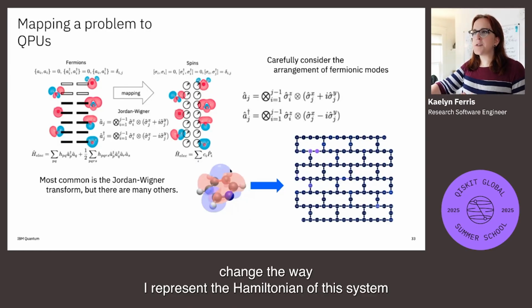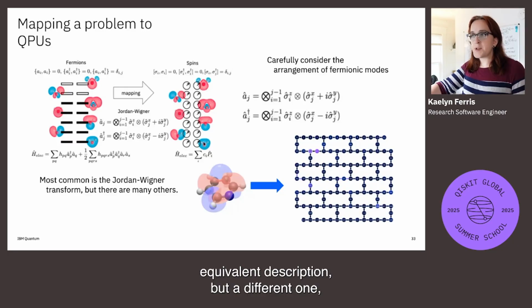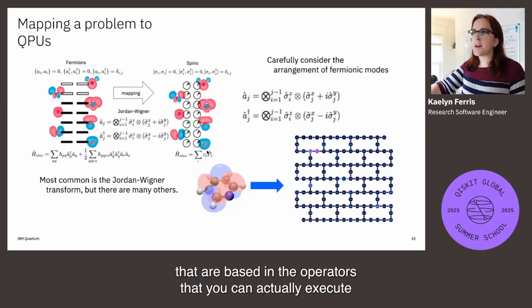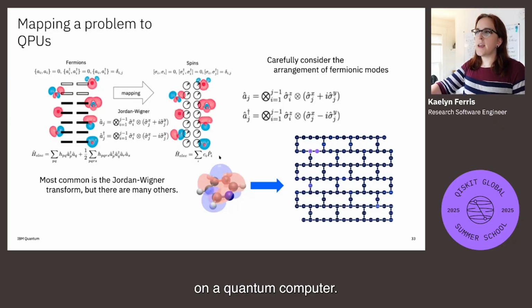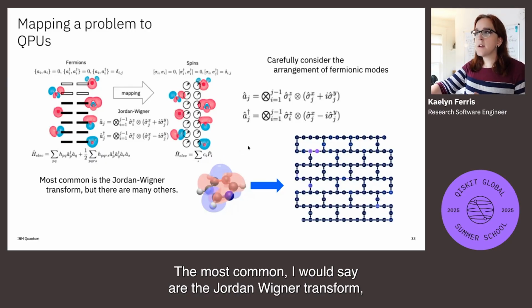I also have to change the way I represent the Hamiltonian of this system into another equivalent description, but a different one, based in the operators that you can actually execute on a quantum computer. And there are many different ways to do this kind of thing.